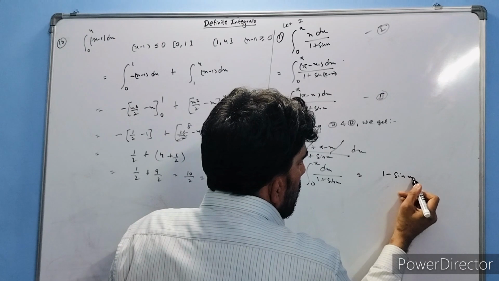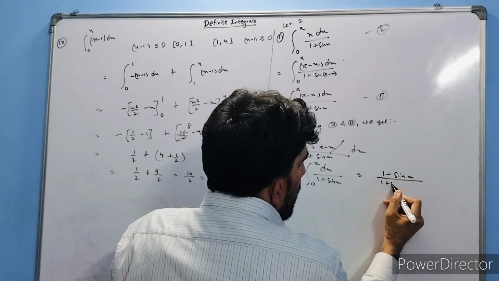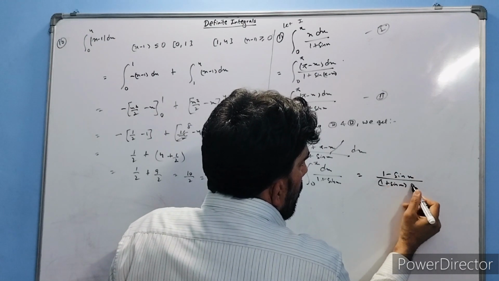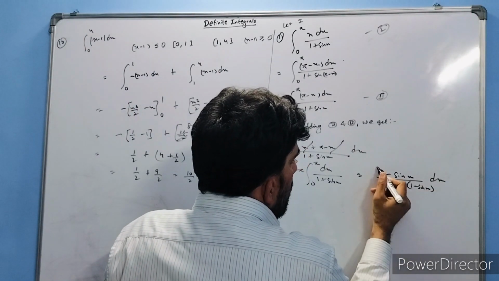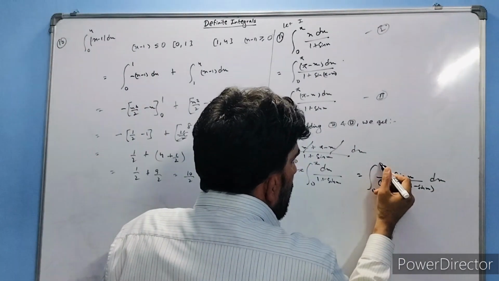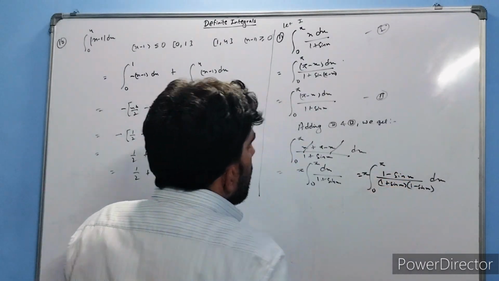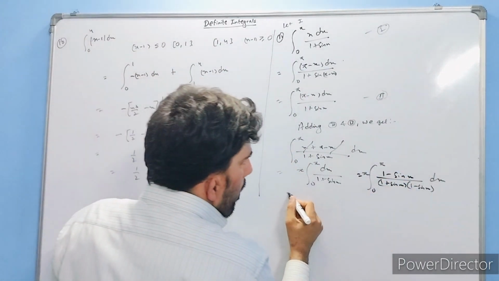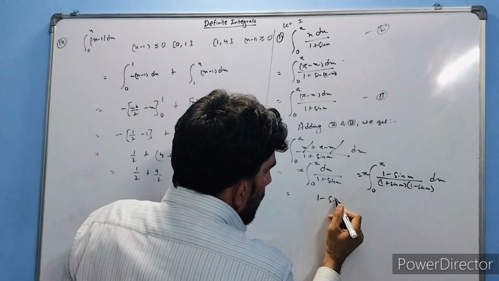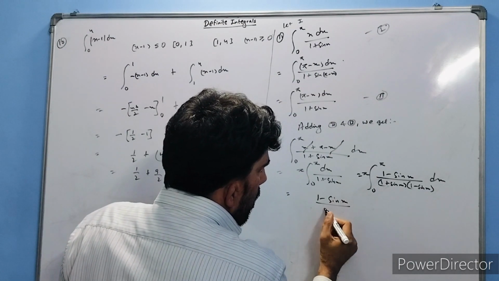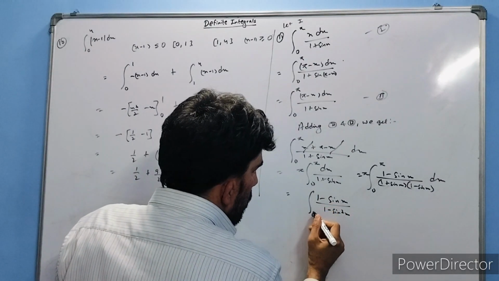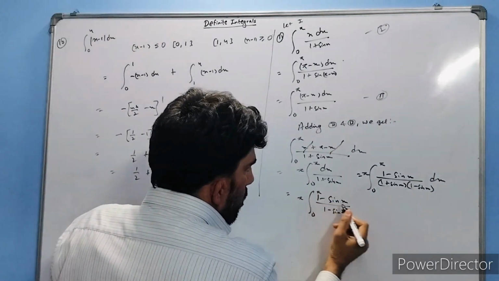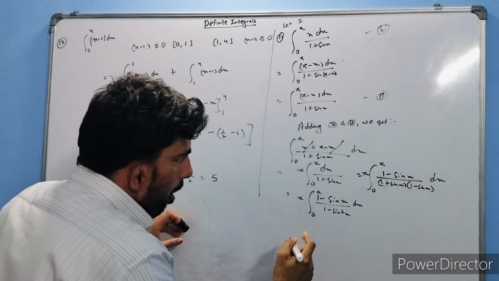So now what we can do here is rationalize. Okay, so I multiply by 1 minus sine x over 1 minus sine x. Okay, so that is how we can easily rationalize. We have taken pi outside because pi is a constant term. Now what will happen, 1 minus sine x upon 1 minus sine square x, 0 to pi, dx. So what will now happen?